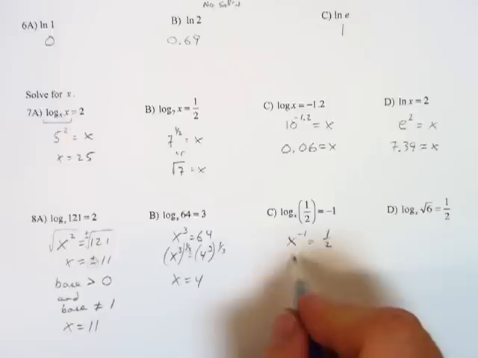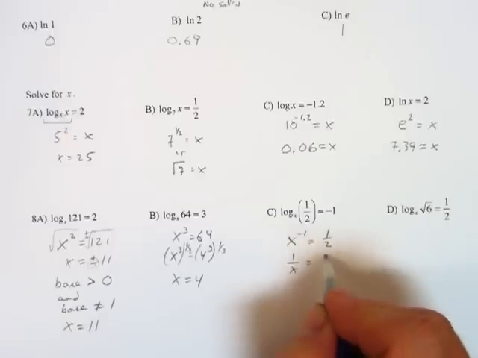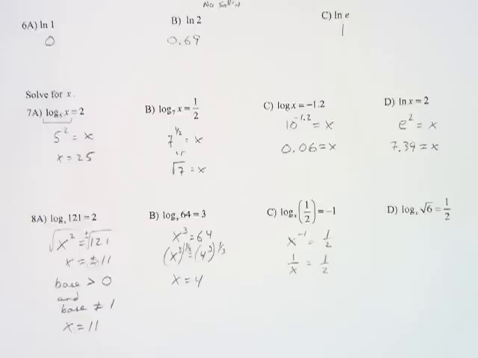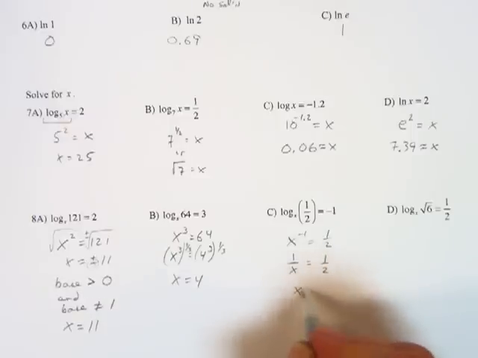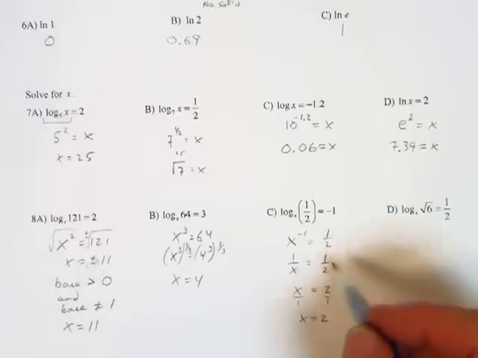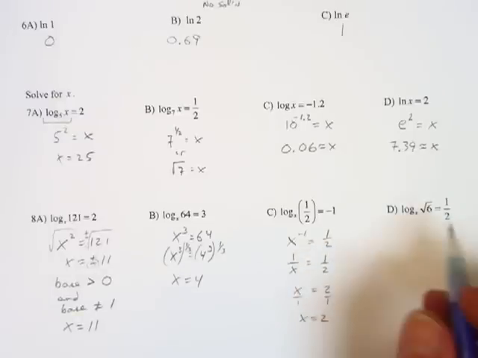There's multiple ways you can go about doing this. This is 1 over x equals 1 over 2. If 2 fractions are equal and they're not 0, then their reciprocals are equal. So x over 1 equals 2 over 1, or just x equals 2. I'm writing that intermediate step just to emphasize that I'm flipping these fractions.